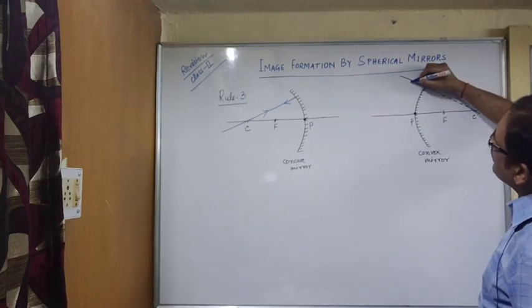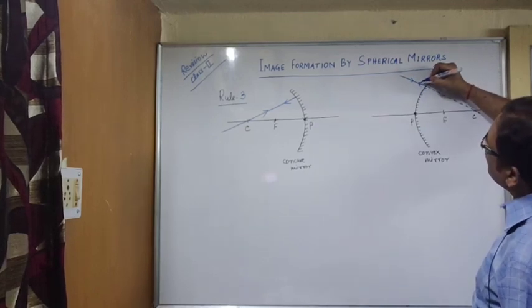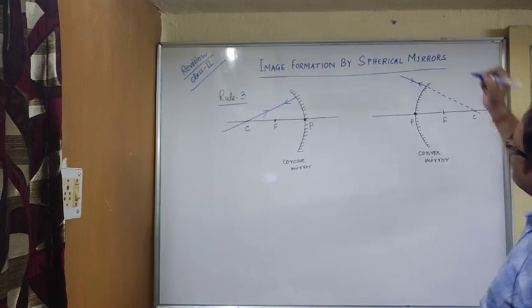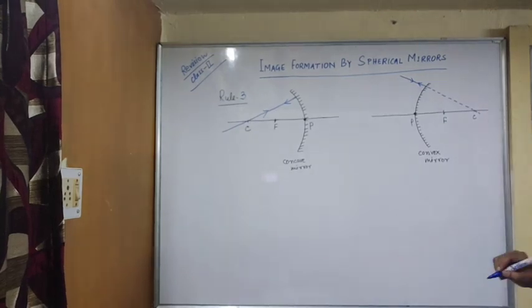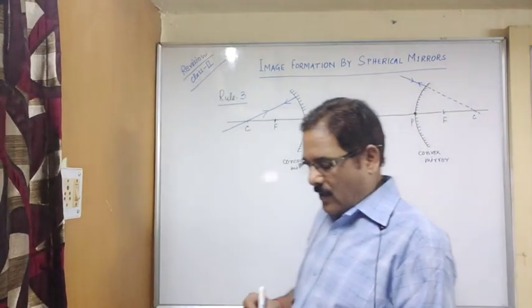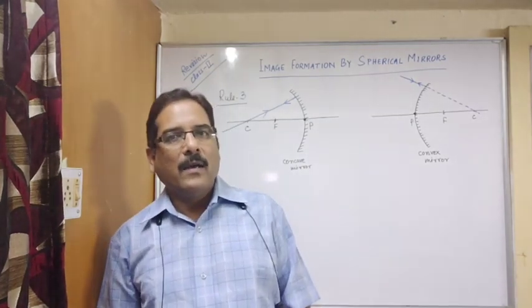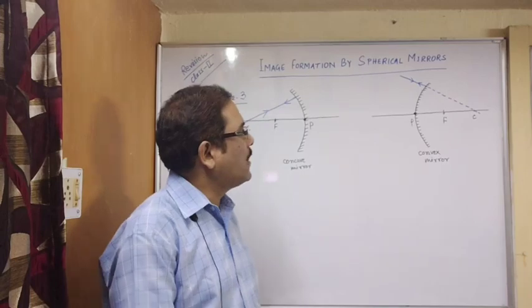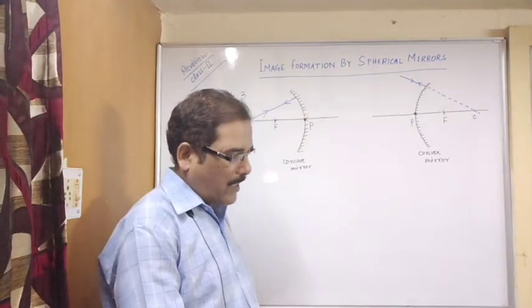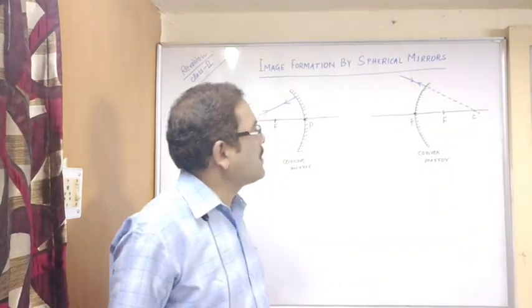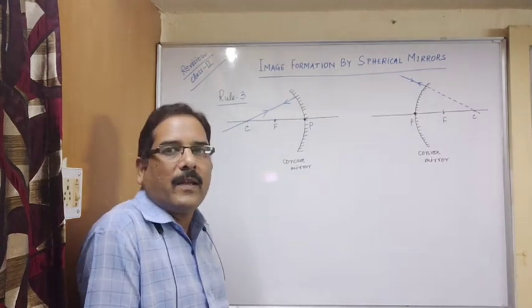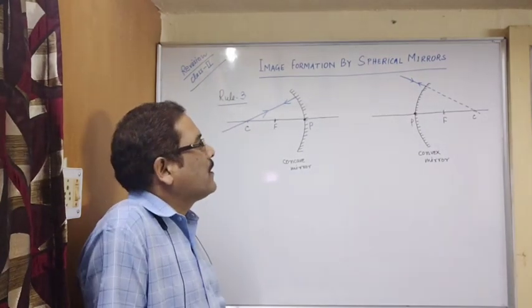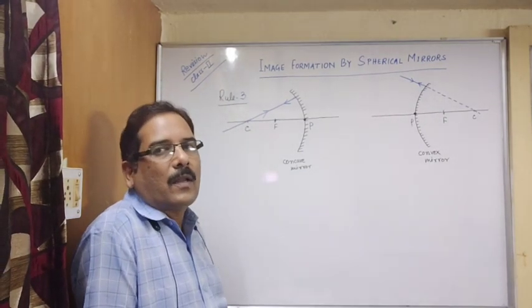So this ray will return back along the same path after striking the reflecting surface of the mirror. So in this way you can represent the rule 1, 2 and 3 with the ray diagrams, and this rule representation is very important, and I think now it is clear to you what are the rules.